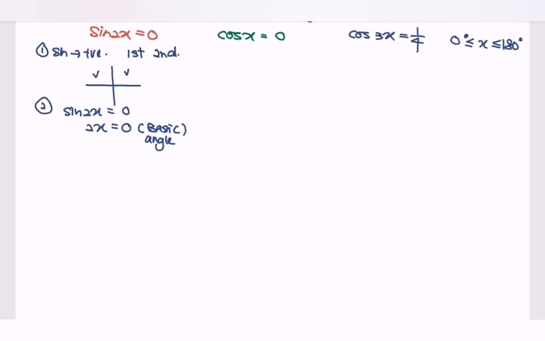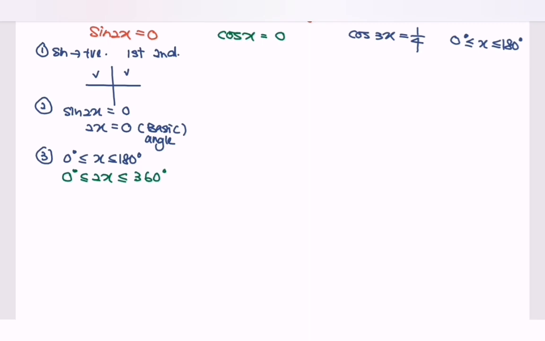Step number 3, the range. So in here, the range would be 0 degree until 180 for the value x. And we have to multiply the range, and we will have 0 degree to 2x until 360 degree.